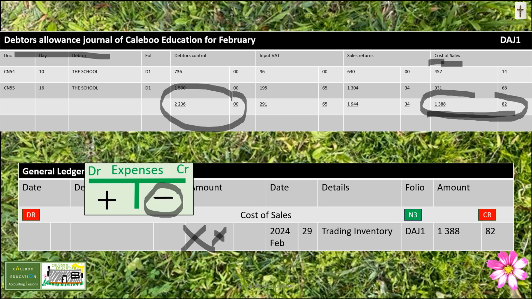So cost of sales needs to be made smaller. A decrease in expense, the account is credited.